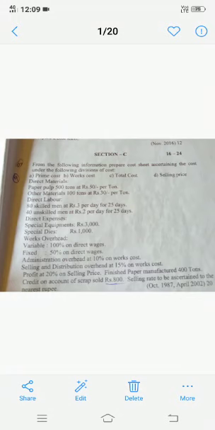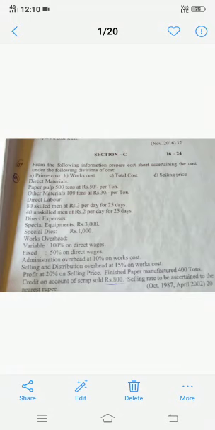Then direct expenses, special equipments rupees 3000, then special dies rupees 1000, works overhead variable 100% on direct wages, fixed 50% on direct wages.